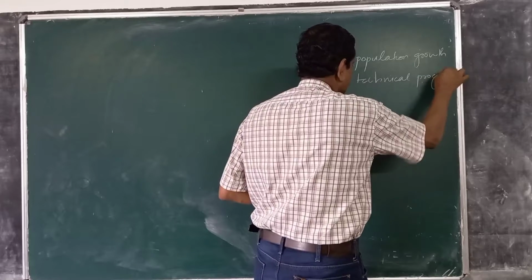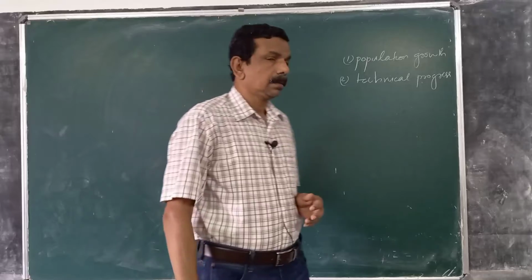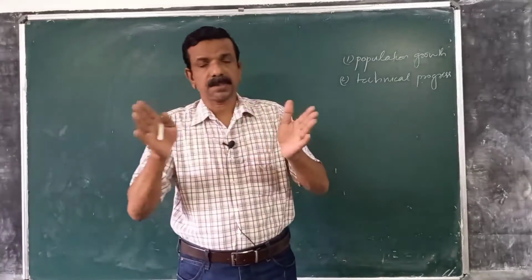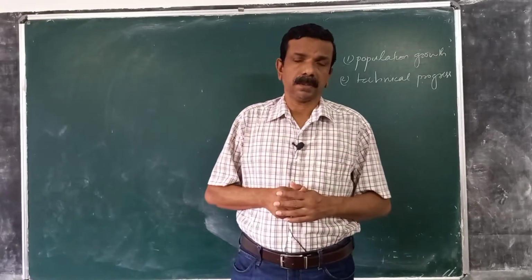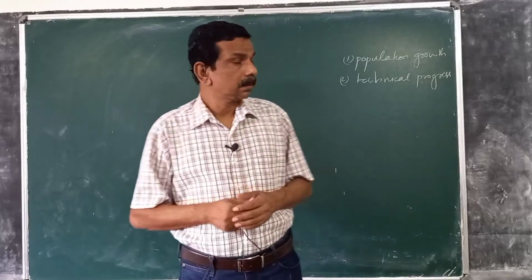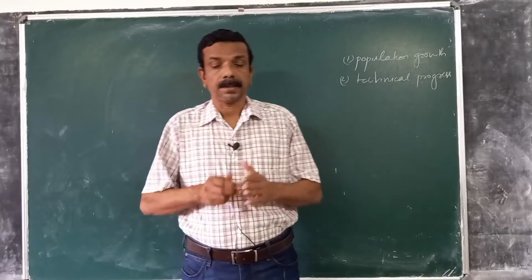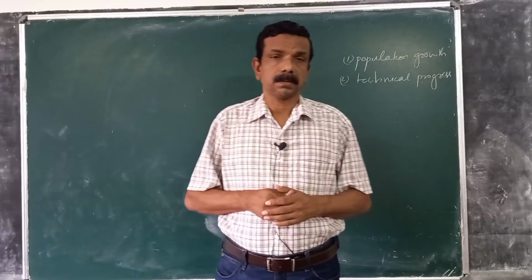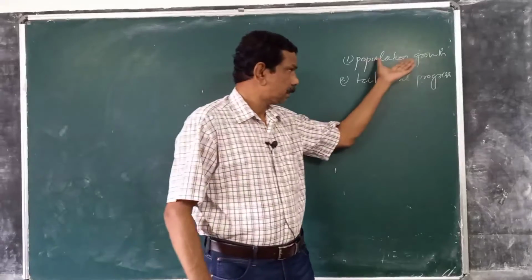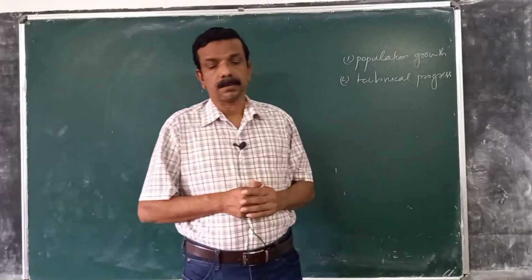So to explain sustained economic growth observed in different parts of the world, we expand the Solow model incorporating population growth and technological progress. And in this session, we will consider population growth.